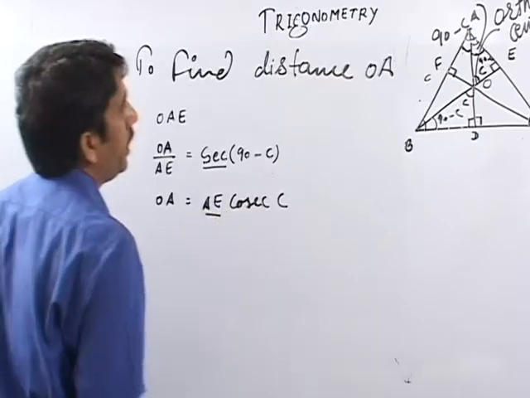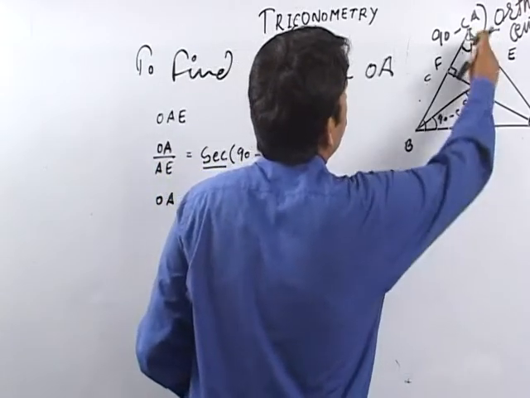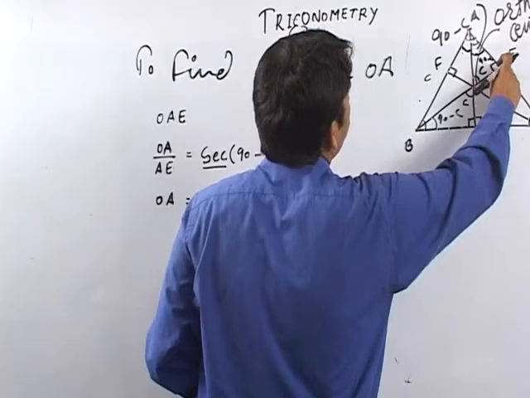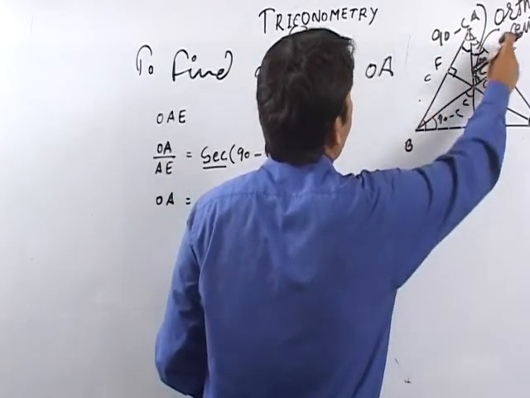Now to find AE, we will again take the triangle ABE.